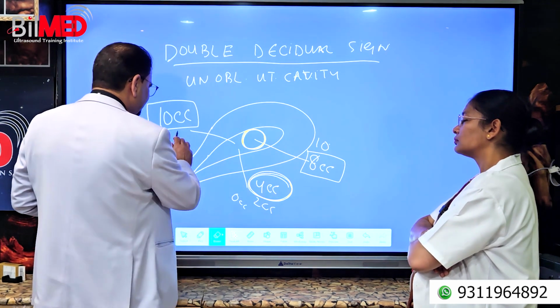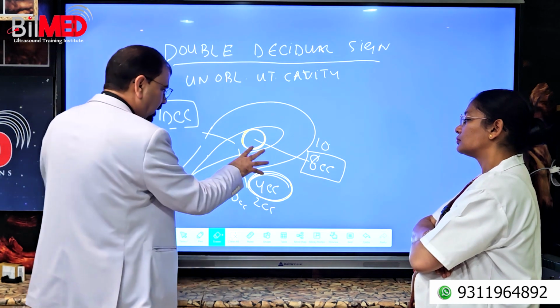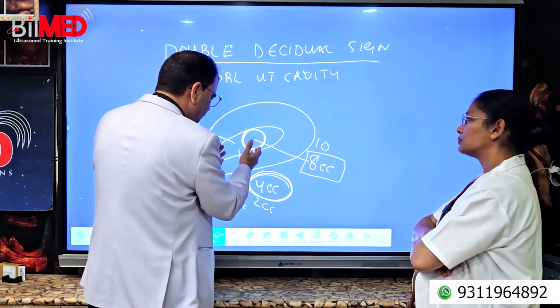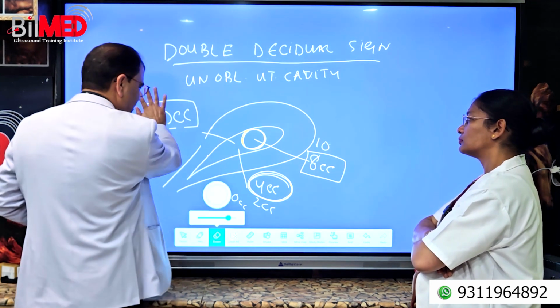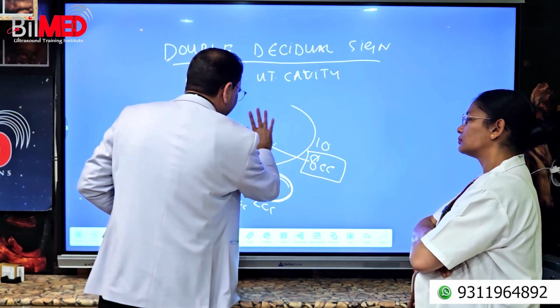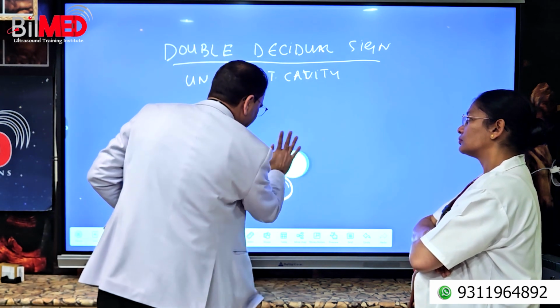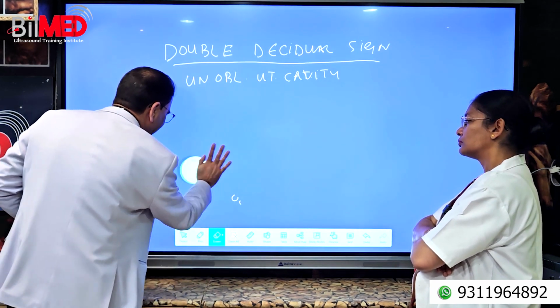Other way means I will take this ultrasound picture. Now I will try to draw how this unobliterated uterine cavity looks on ultrasound. Now I will be having a gestational sac. Then I will be having an unobliterated uterine cavity.